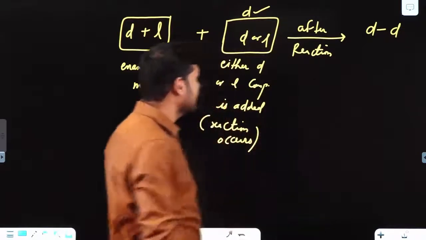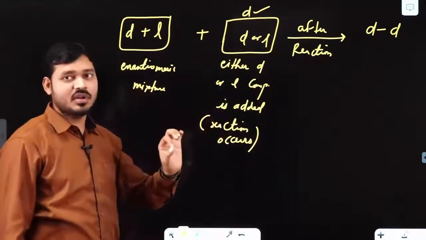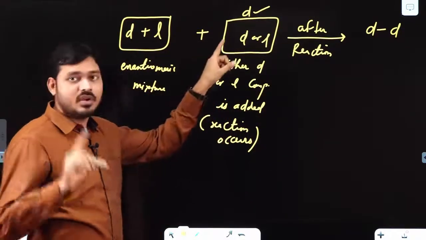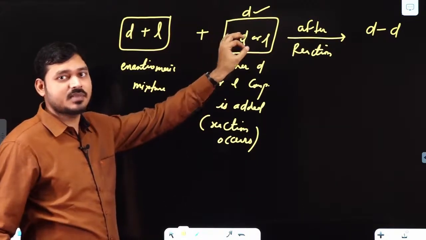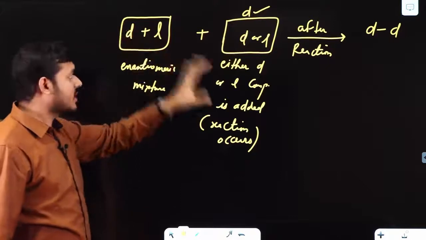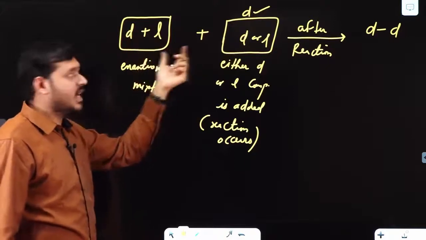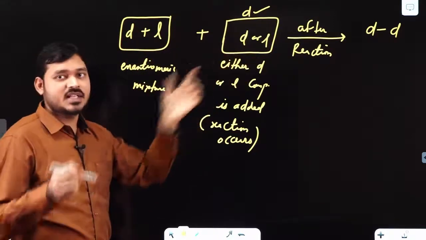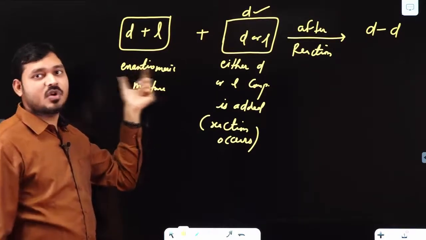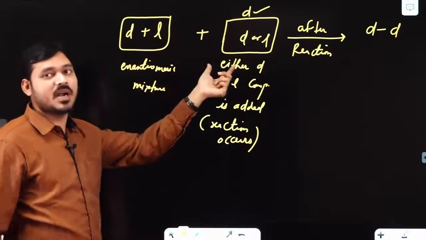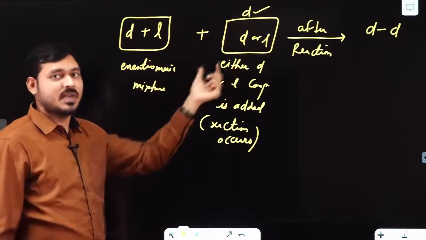As I told you, you need not disturb the chiral center carbon, this part, and here also. Suppose this is a carboxylic acid and this is an alcohol. As we know, in an esterification reaction, the carboxylic acid COOH part and the alcohol OH part react to form an ester.